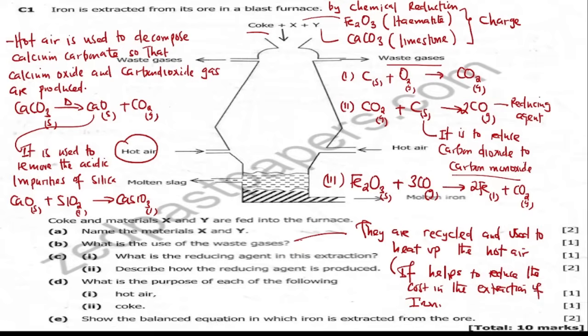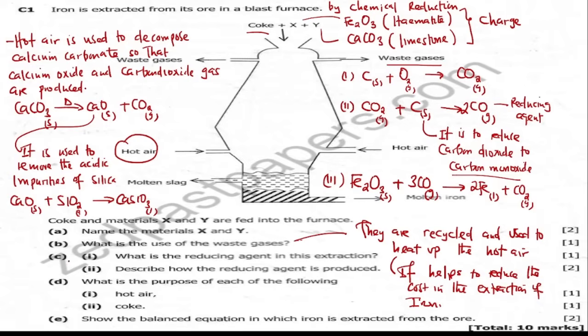Okay, so with our short explanation here, we have answered all the questions that were asked under the extraction of iron in this question. The first one is saying name the raw materials X and Y. We have named them: hematite and calcium carbonate. What is the use of the waste gases? We have answered where we said they are being recycled and used to heat up the hot air.